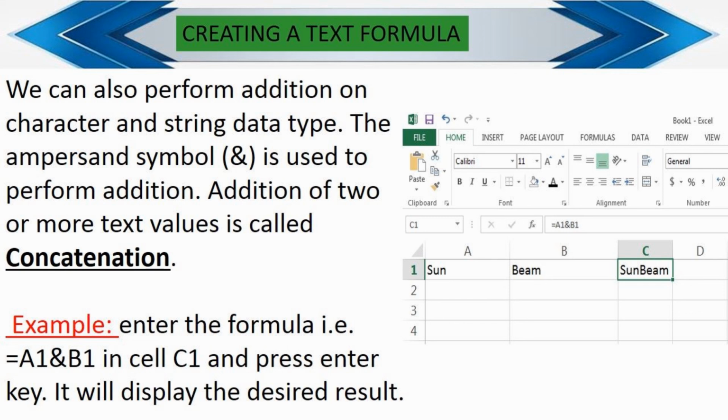In the cell address A1, I have written sun, and in the second cell B1, I have written beam. In the formula bar, you can see that I have written =A1&B1. Then press the enter key, and you will get the words sun and beam together in the cell address C1.